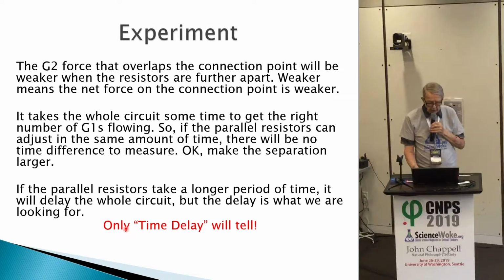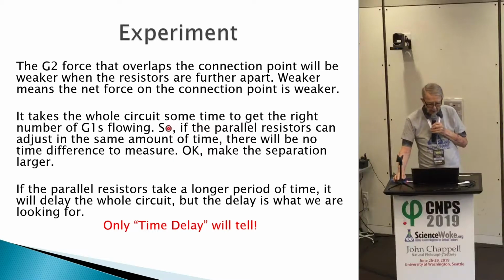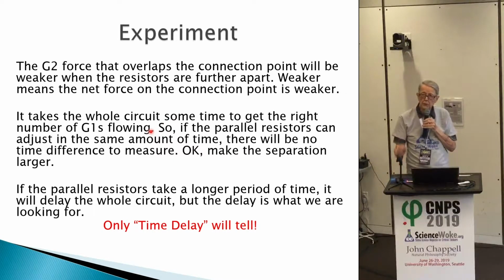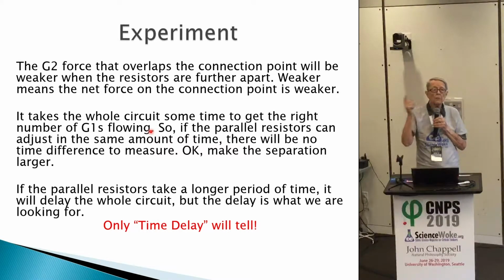Okay, as far as a summary of the experiment, the G2 force that overlaps is weaker as you go further apart. However, it takes the whole circuit some time to get the right number flowing in the first place. You saw in the previous spreadsheet, it takes some cycles to go.